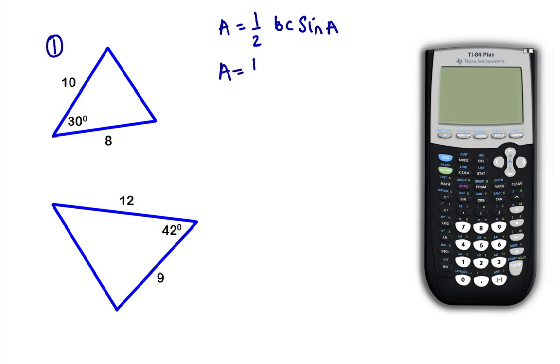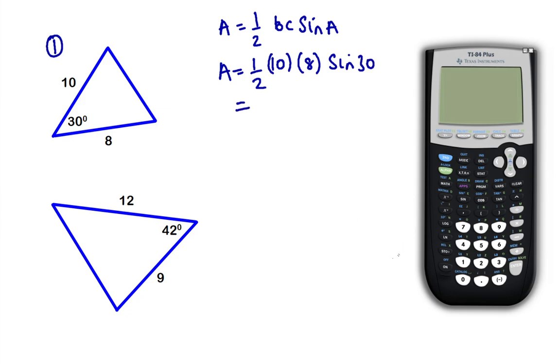All it's going to be is a half. B and C are the lengths either side of that angle, so it doesn't matter which way round you have those. So it's going to be 10 times 8 and then sine of 30.